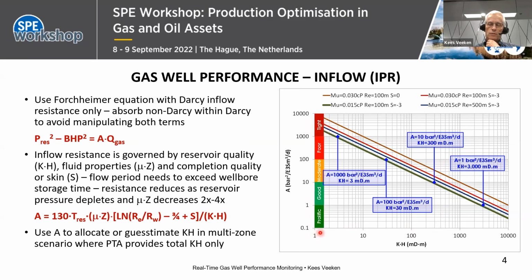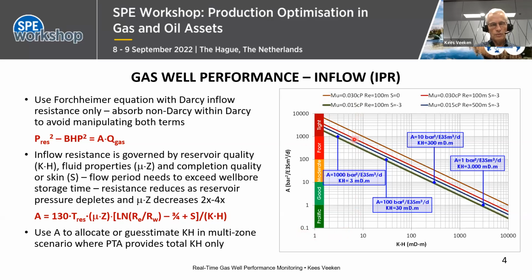Prolific wells would have an A of less than 1 in these specific units, bar squared per 1,000 standard cubic meters a day. Between 1 and 10 are good wells, 10 to 100 are moderate, 100 to 1,000 are poor, and more than 1,000 we call tight. So that's a classification that you can do if you have those A parameters.